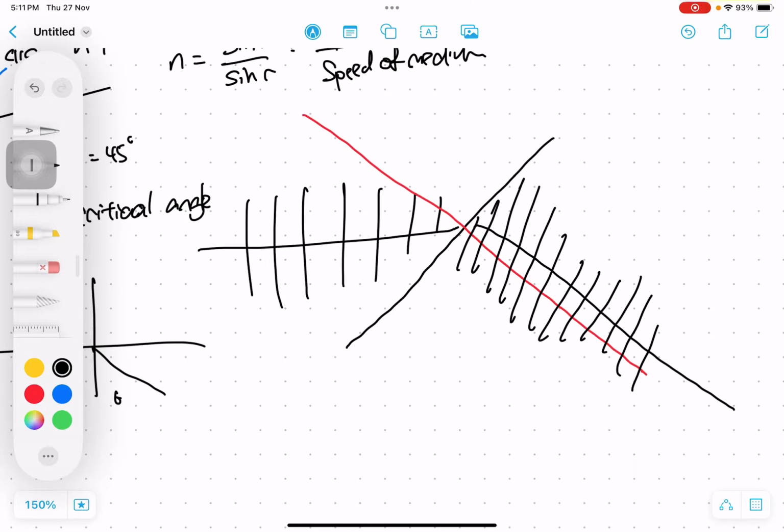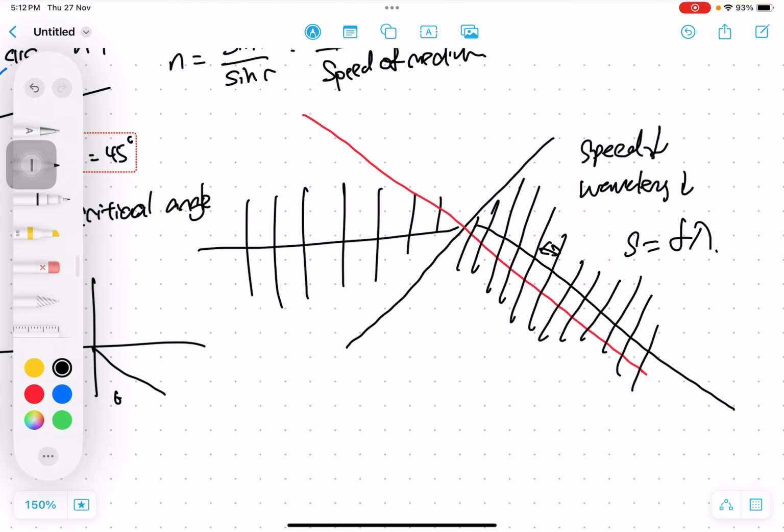It bends towards, and it has a shorter wavelength because speed is getting slower. Speed is lower, wavelength is also lower, because speed equals f lambda. This is another formula.